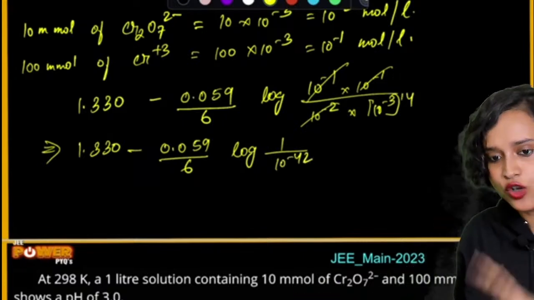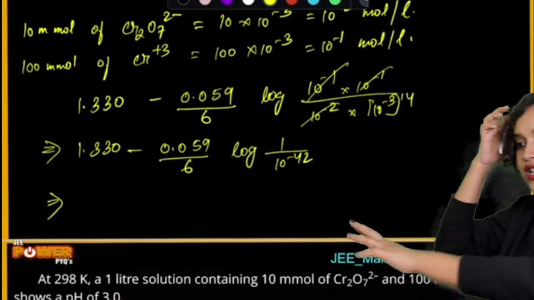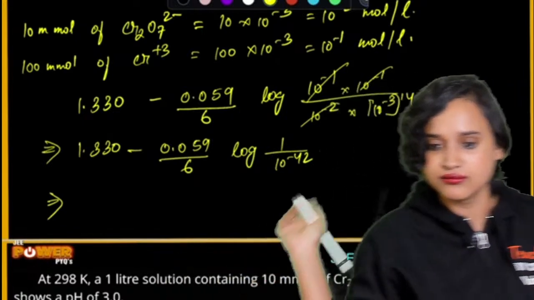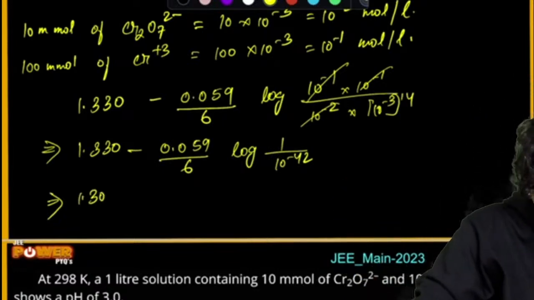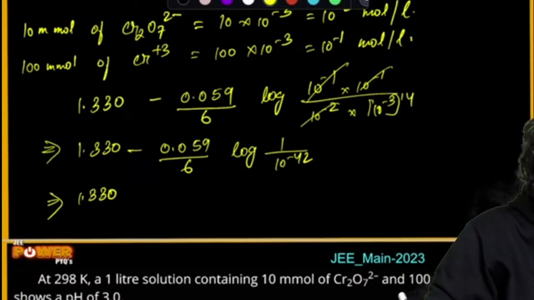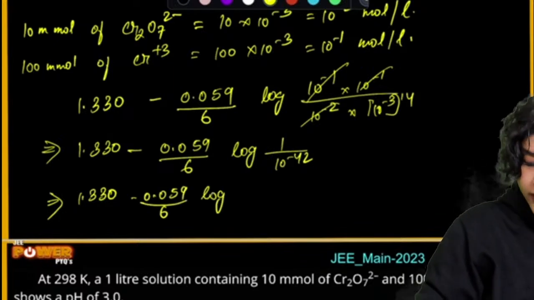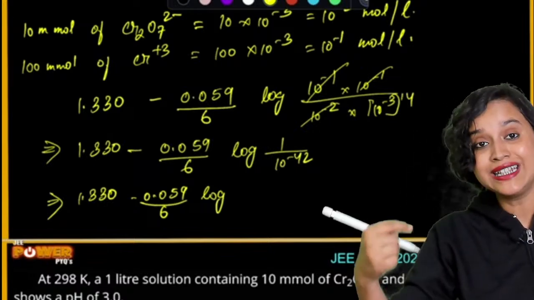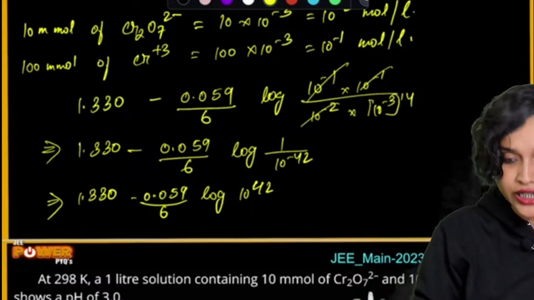Now, calculate this. Can you all calculate? I think you can figure out the answer, but let me simplify this a little bit more. 1.330 minus 0.059 divided by 6 log 1 by 10 to the power minus 42 can be written as log 10 to the power 42.